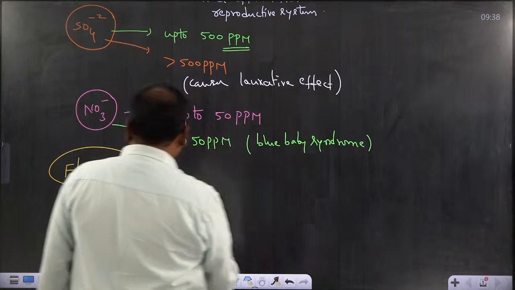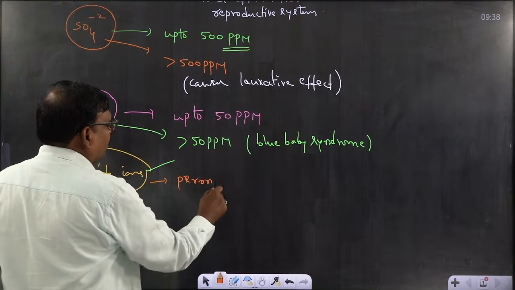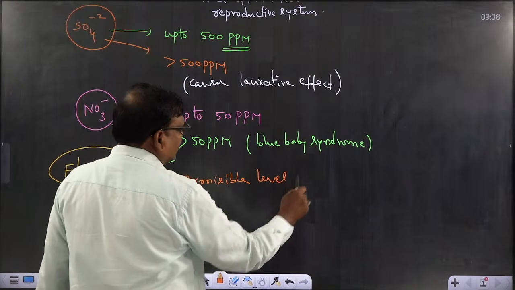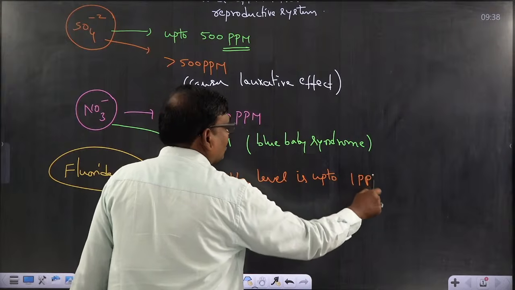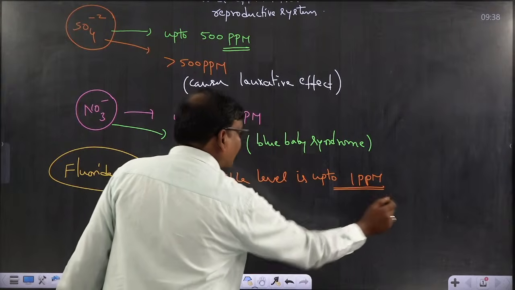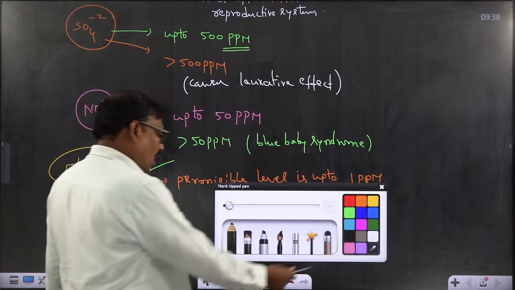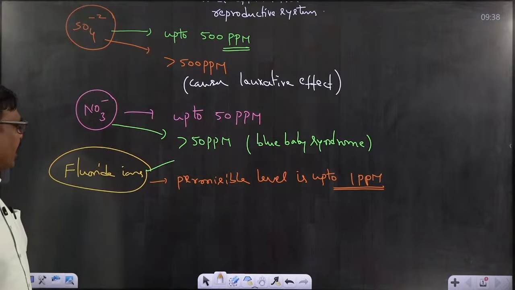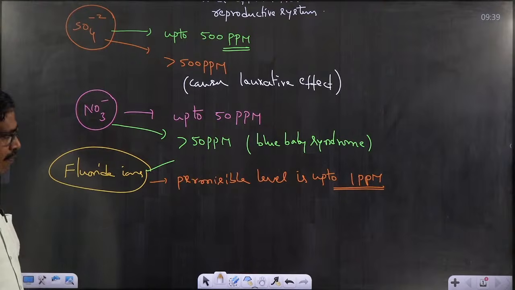The permissible level of fluoride ions in water is up to 1 ppm. It is necessary for human beings because our teeth are protected by enamel, which is nothing but fluorapatite.